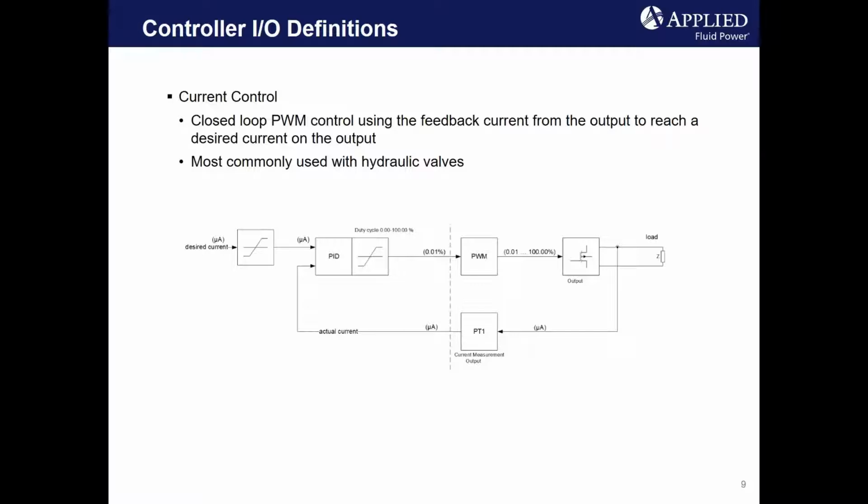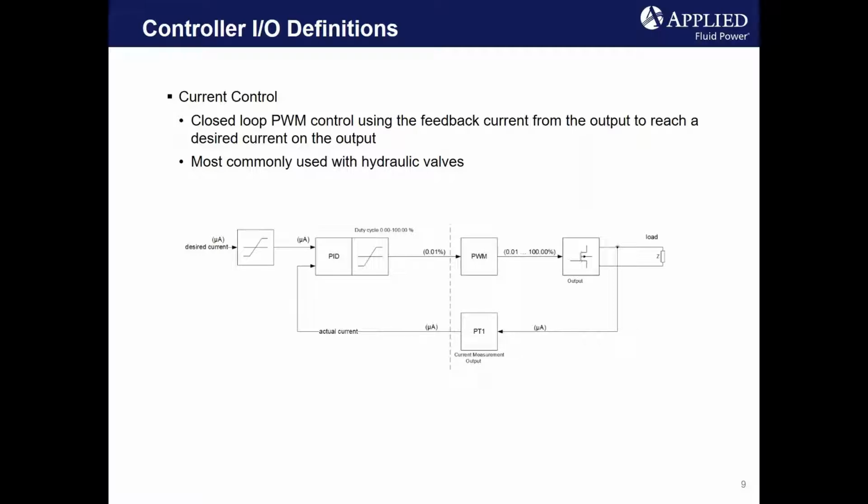Current control of a PWM output is simply executing closed loop control of a PWM output with current, in most cases milliamps, as the control parameter. This is also done within the controller internally. A PWM output must have current feedback on the output in order to provide current control as a control method.